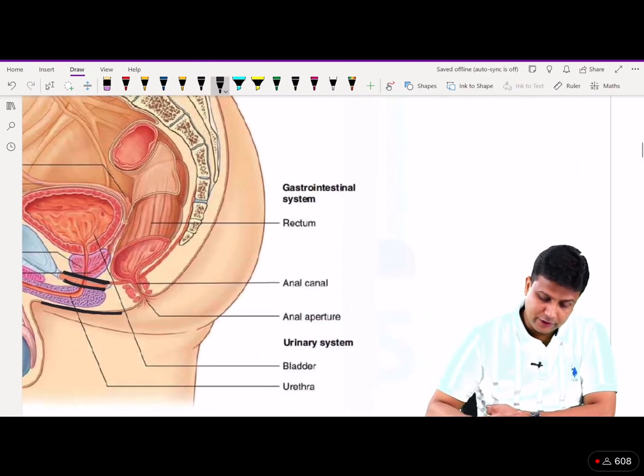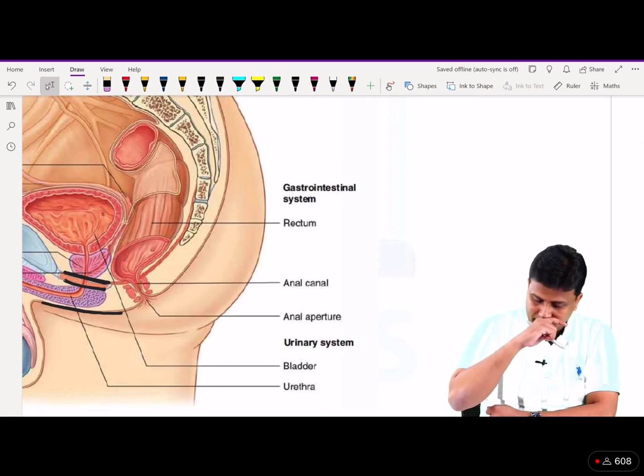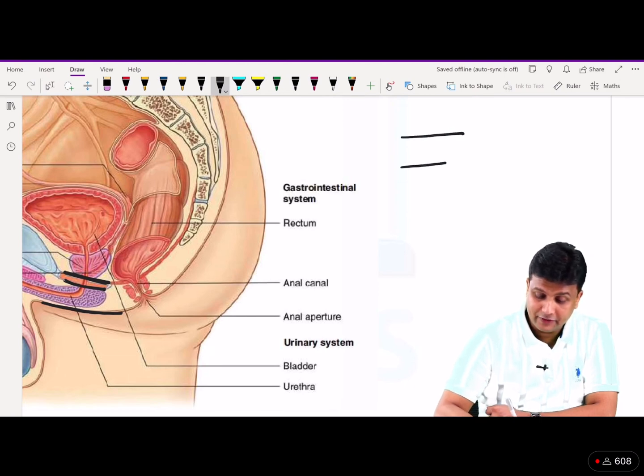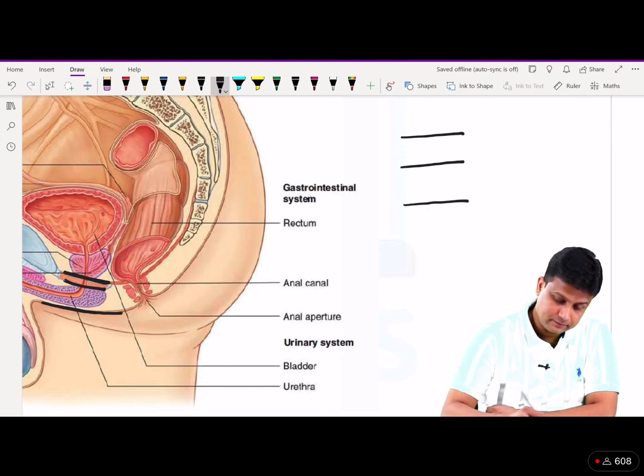So better, just keep it very simple in your mind instead of getting confused here. There will be a superior fascia, then an inferior fascia, and then a superficial fascia. Let me write it for you here.